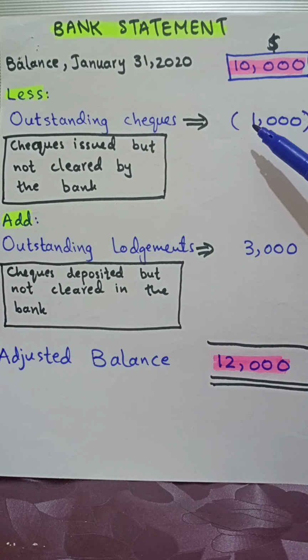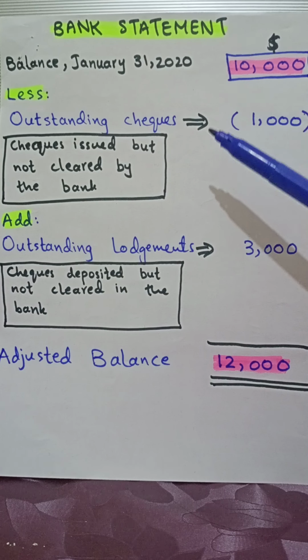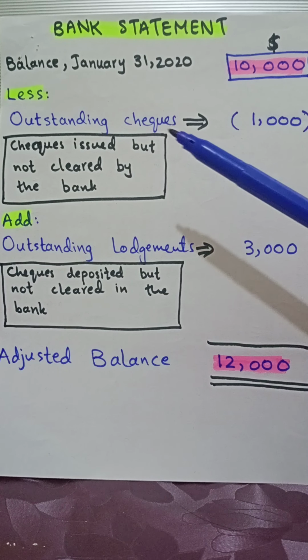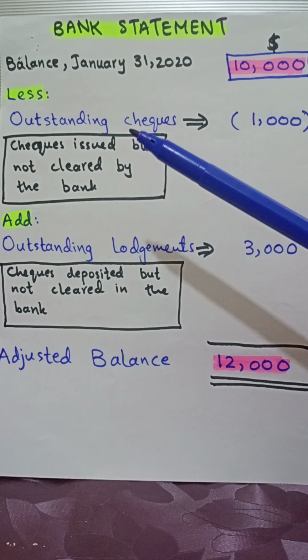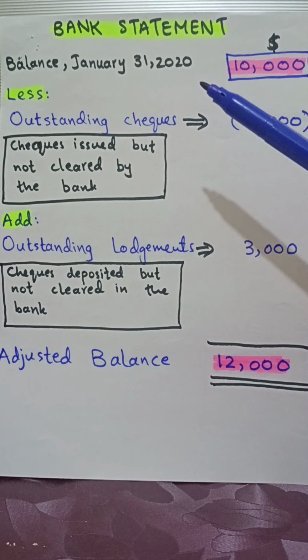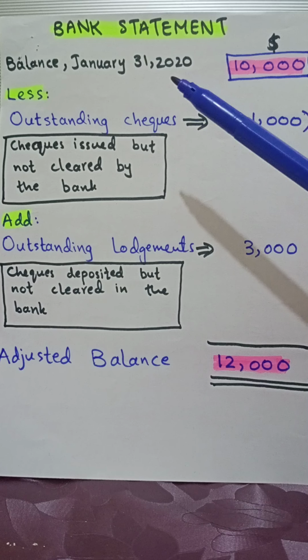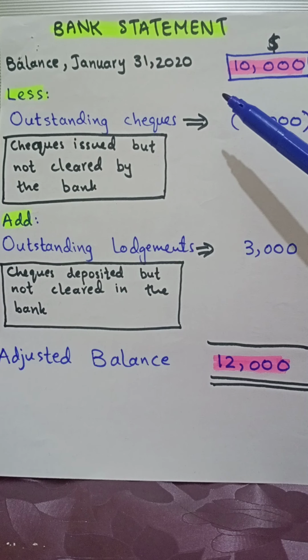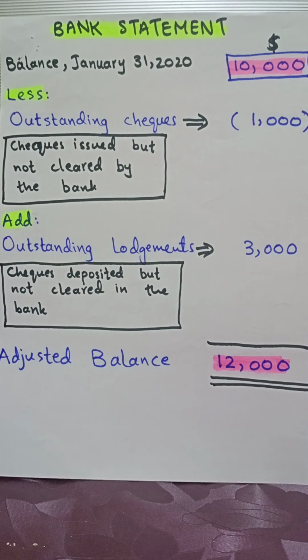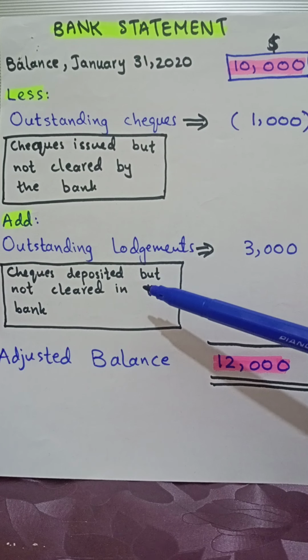So for the purpose of reconciliation, you deduct the outstanding checks amount from the balance shown on the bank statement.